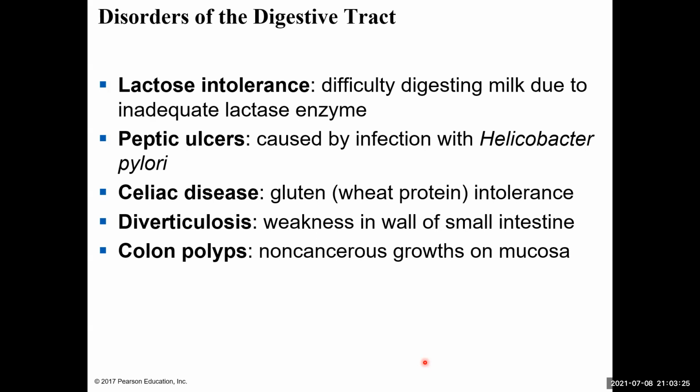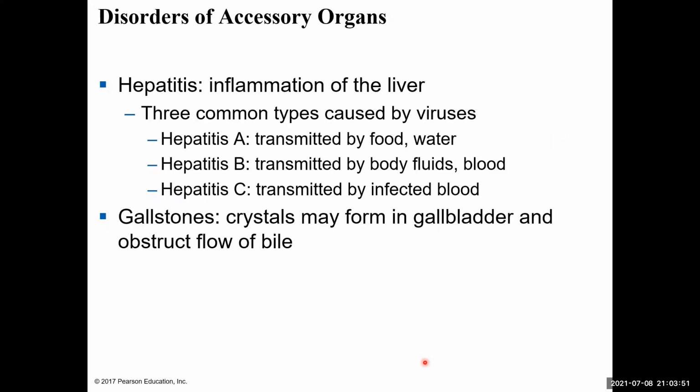Celiac disease, which is basically gluten intolerance, which can cause some issues. Diverticulosis, which is weakness in the wall of your small intestine. And then colon polyps, which are non-cancerous tumors that grow in the mucosa area. But you can get colon cancer to form in the colon itself.